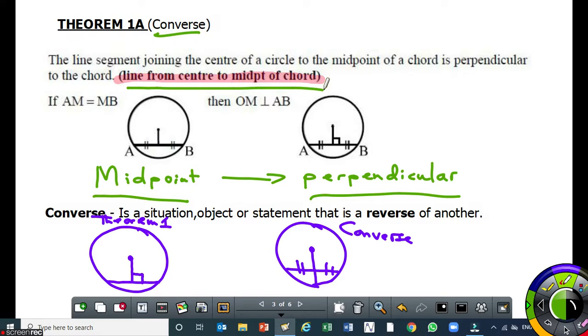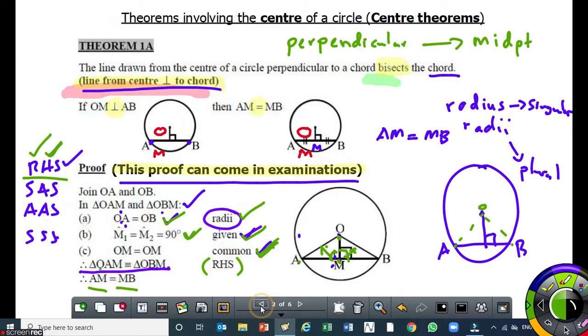If you see a diagram like this, there is no indication that the angle between the line which passes through the center and the chord is equal to 90 degrees. Then it must come into your head that this is the converse. For the original theorem, the line which passes through the center must be perpendicular to the chord, but the chord will not be indicated as bisected.